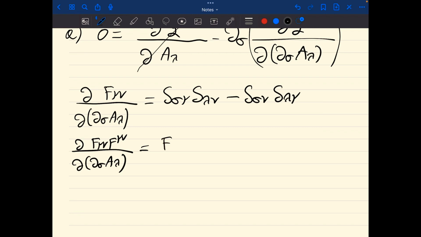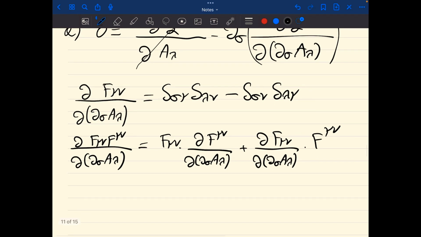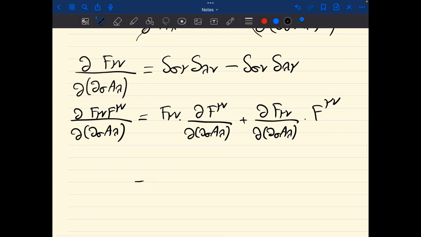So it's F mu nu times the derivative of F mu nu with respect to d sigma A lambda, plus the derivative of F mu nu with respect to d sigma A lambda times F mu nu. Now you can check that these two terms are actually equal to each other. So what we have here is actually just 2 times one term.